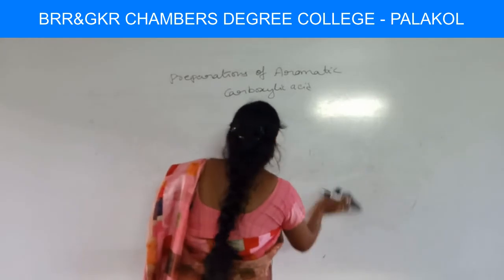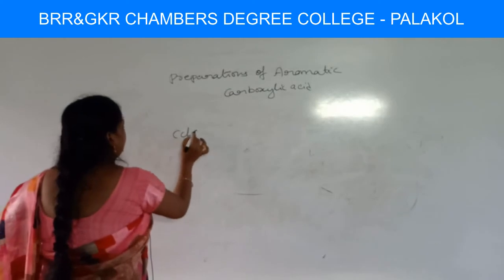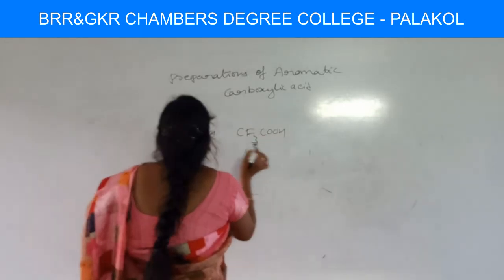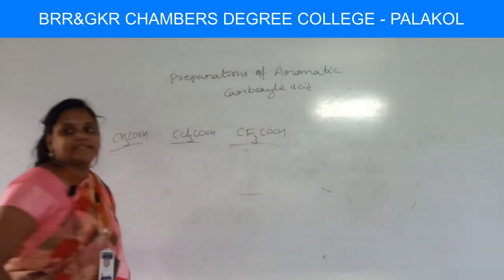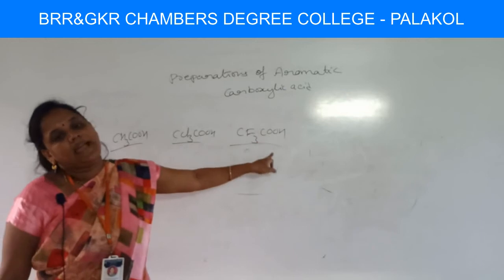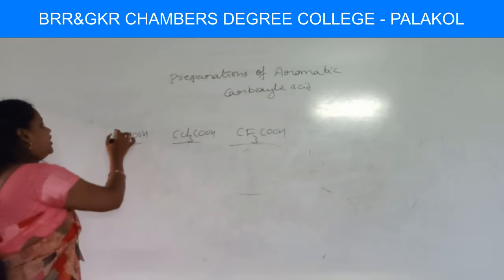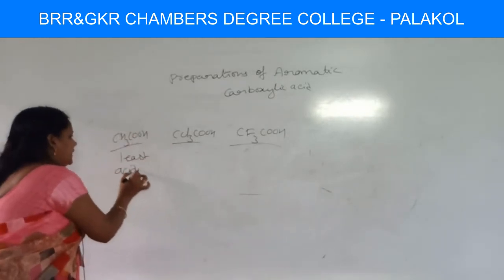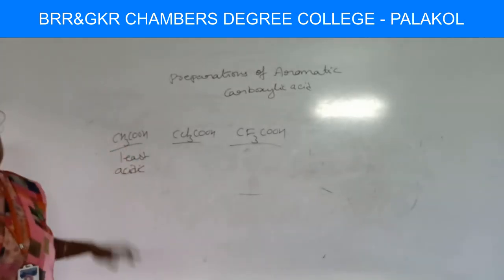few more examples. If you compare CCl3COOH, CF3COOH, CH3COOH, if they ask the acidity order for acetic acid, trichloroacetic acid and trifluoroacetic acid. Acetic acid, which has an electron releasing group, is least acidic.